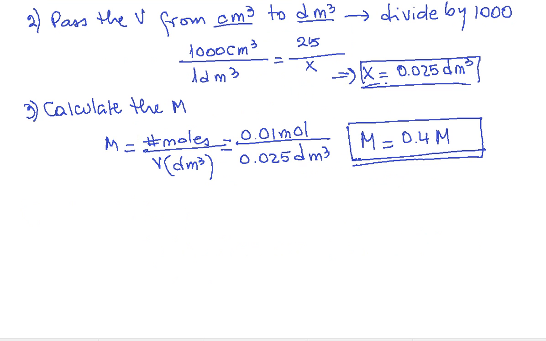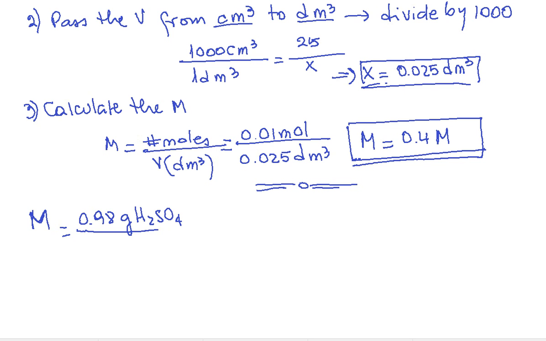Okay, you may think that this that takes 3 steps to do can be done easier, and actually you are right. You can apply directly the formula. The molarity is equals to the number of moles. In this case, we don't have number of moles. We have 0.98 grams of sulfuric acid.